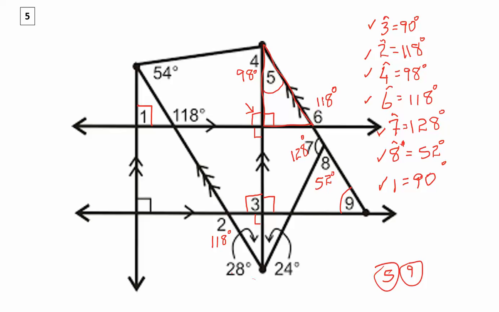We know angle 6 is 118 degrees because these two are supplementary. This angle on the inside here is going to be 180 minus 118, which is, if I'm not mistaken, let me just quickly work that out. 180 minus 118, that gives us a 62-degree angle.